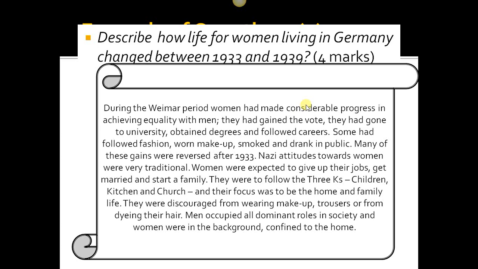Using your own knowledge, you don't have to stick to that. You could mention things about the Mother's Cross, for instance. But you were describing how life changed between those years. Yes, there is a little bit of drawing on years previously, from 1933, because you were using that for a comparative reason.